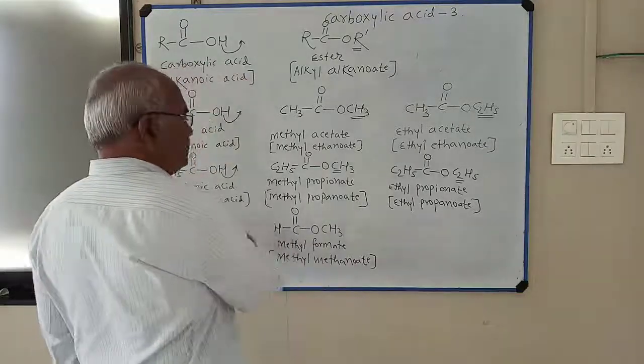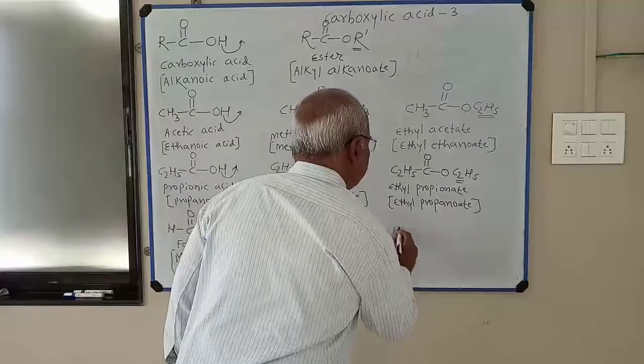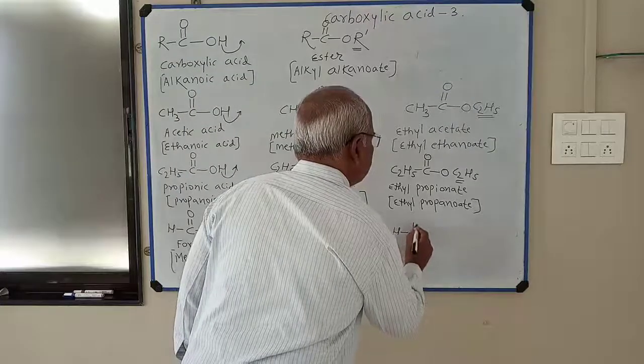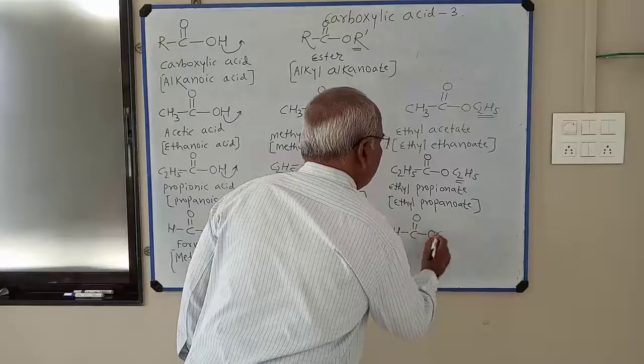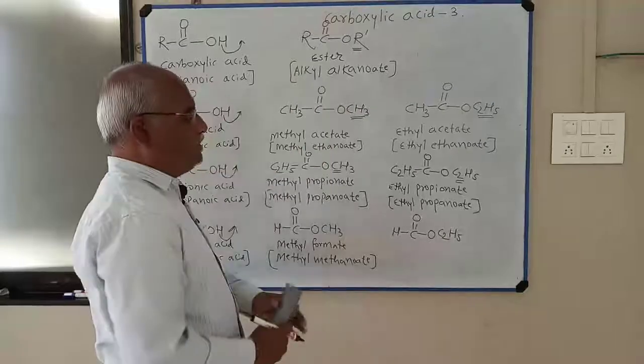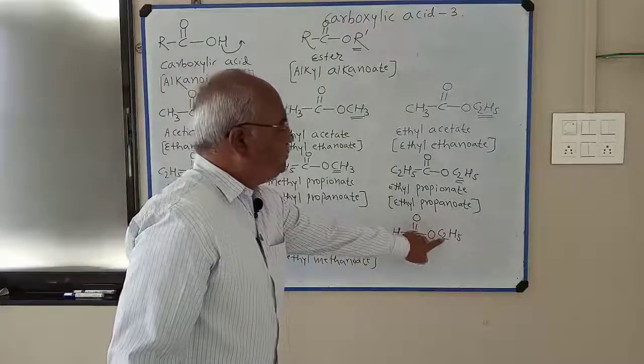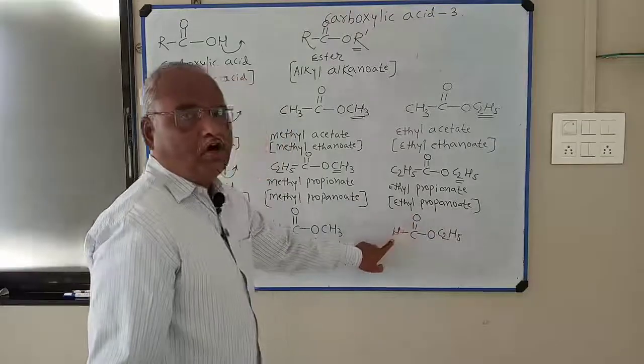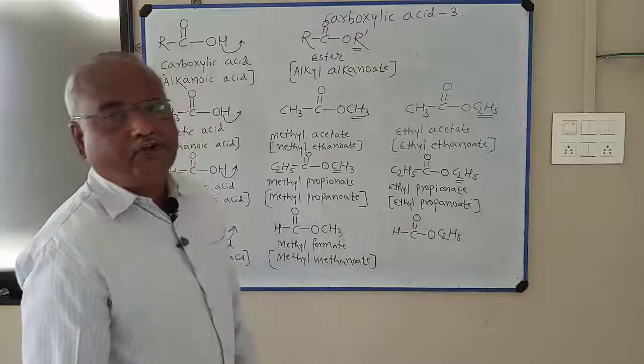Remove hydrogen and replace it by an ethyl group: H, C double bond O, O, C2H5. So the name of the compound is ethyl formate or ethyl methanoate.